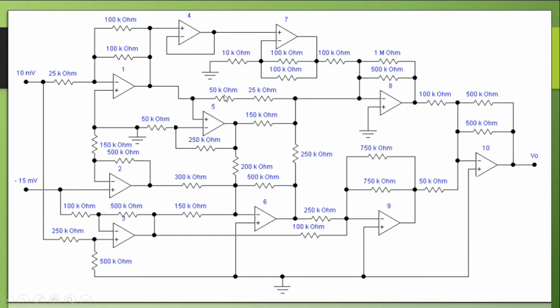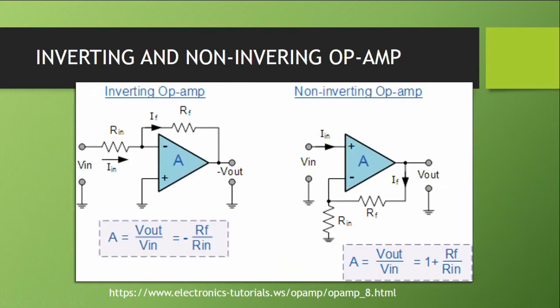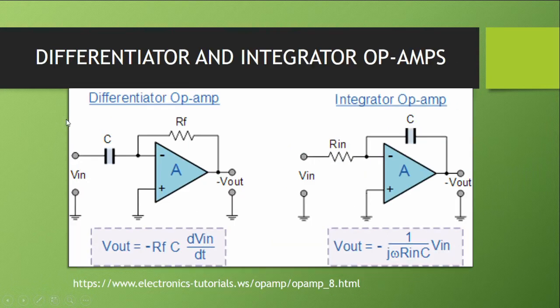So there's no integrator op amp or differentiator op amps here. These are all inverting and non-inverting, and there might be summing or differential op amps. Differential and differentiator are different.